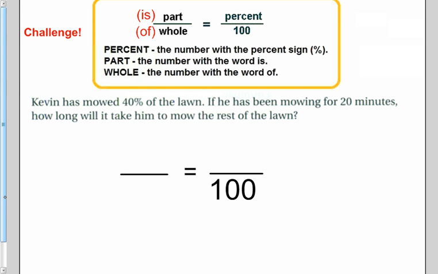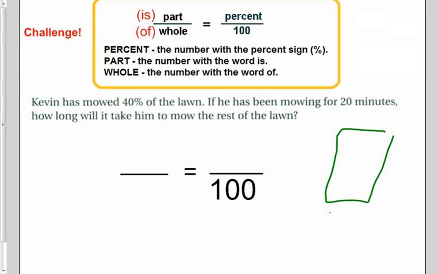Kevin has mowed 40% of the lawn. If he has been mowing for 20 minutes, how long will it take him to mow the rest of the lawn? So the first thing I want to know is, 20 minutes is part. So let's just draw a little diagram to help us understand.